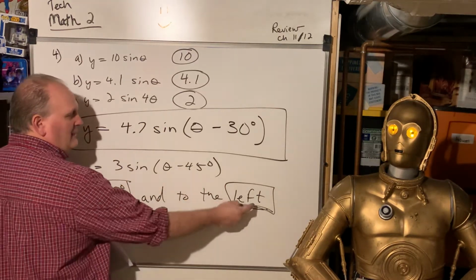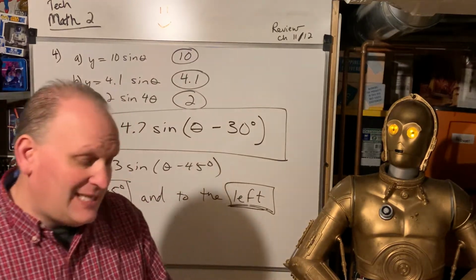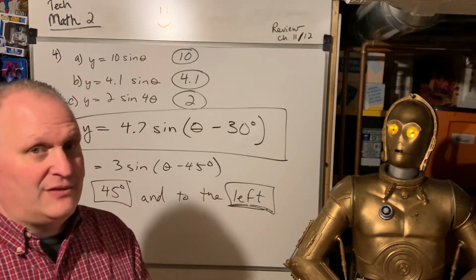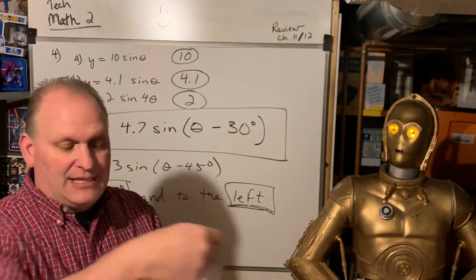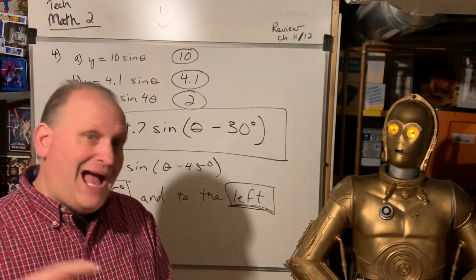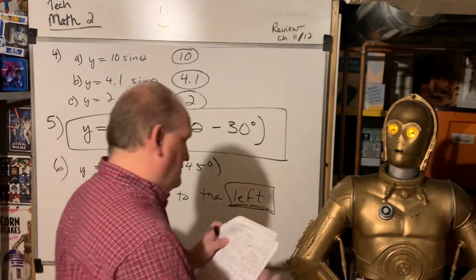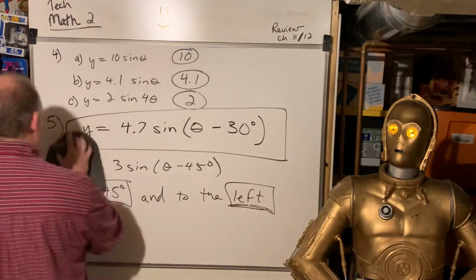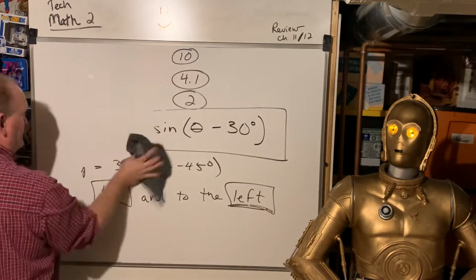And so that's why we're saying the word left instead of right. So on the bottom, I said negative 45 degrees actually shifts the sine wave 45 degrees to the right. But the way they phrase the question, they're asking, how do I get it back to normal? Okay. And so number 7 kind of builds on that same kind of thought process. Let's take a look at number 7.